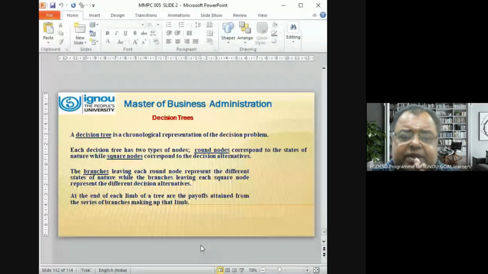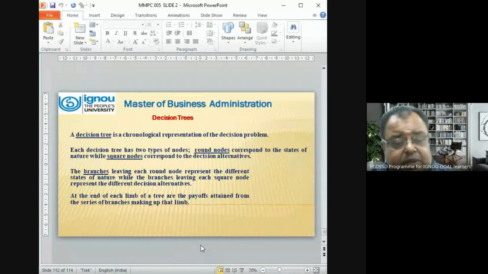Then comes your decision tree. A decision tree is a chronological representation of the decision problem. Each decision tree has two types of nodes: round nodes, which correspond to the states of nature, while square nodes correspond to the decision alternatives.